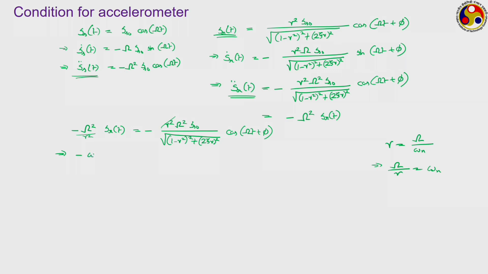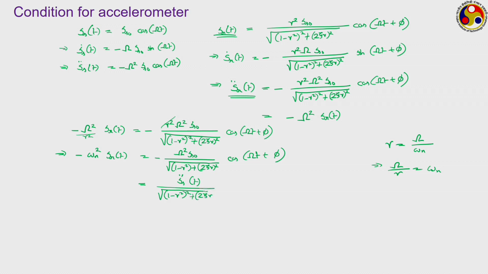So, we have minus omega n square S_R(t) is equal to minus of omega square S_S0 by root over (1 minus r square) whole square plus (2 zeta r) whole square, into cos(omega t plus phi). If we now relate this one to the imposed acceleration, omega square S_S0 we already have, and let us replace this one as S_S double dot(t).